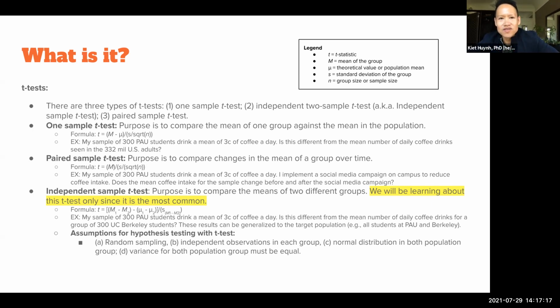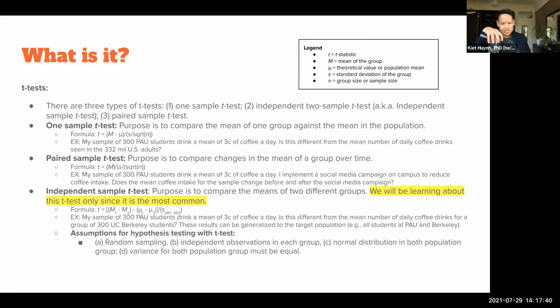There's ANOVA, structural equation modeling, multi-level modeling. There are so many statistical tests that you can use in your hypothesis testing process. We're going to learn about the t-test because that's one of the most basic tests that you could use, because it has a very simple design.